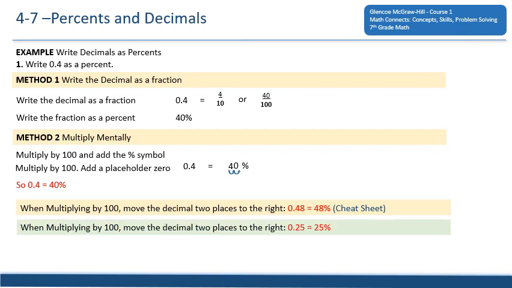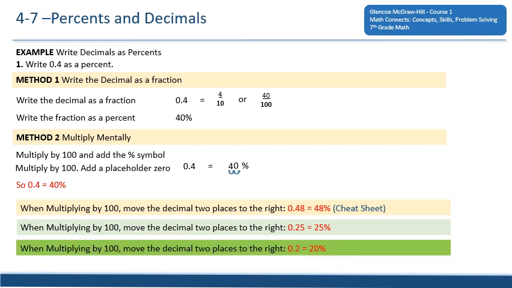When multiplying by 100, move the decimal 2 places to the right, so 0.25 equals 25%. When multiplying by 100, move the decimal 2 places to the right, so 0.2 equals 20%.